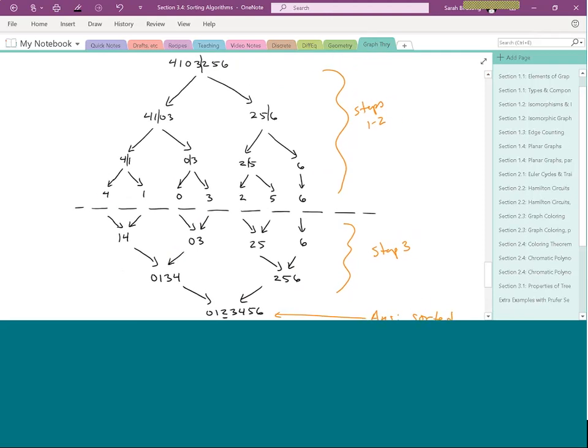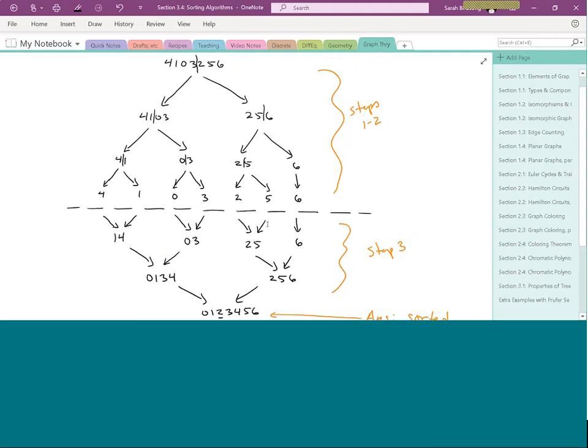What you'll always get, and you can just barely see it, below this dotted line is a mirror image of the exact same tree, but all it's doing is you have split up all of the individual elements, all the individual terms of your sequence, and what you're literally doing is you're then remerging them small step by small step, and at each of these small steps, when you merge those elements back together, you do a small little reordering, as you said, or slightly sorting algorithm, if you will. And that's literally it. Don't overthink it.